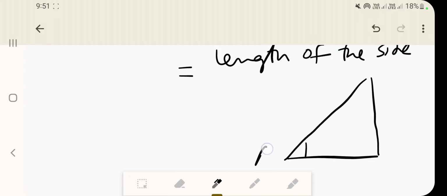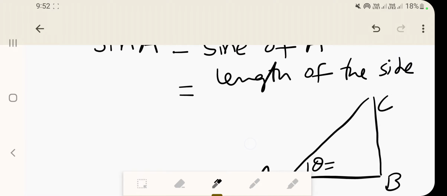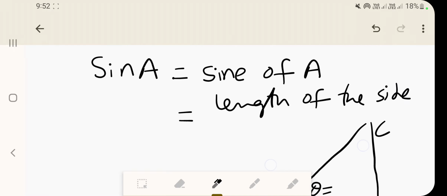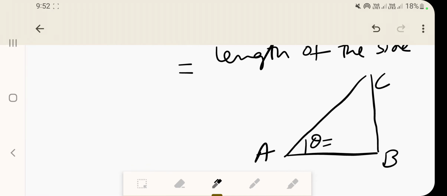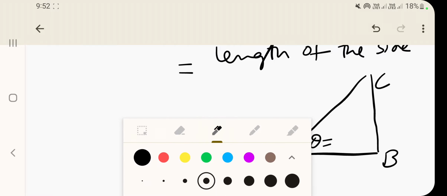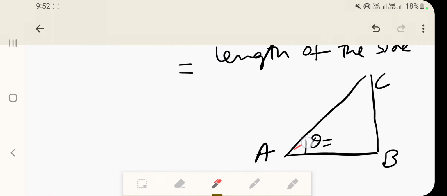If you take this as angle theta or angle A, theta can be 60 degrees, 30 degrees, 45 degrees, whatever it is. The side opposite to the angle A, that is, opposite means this BC.